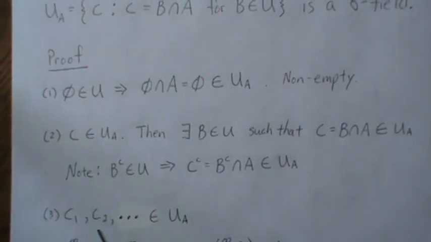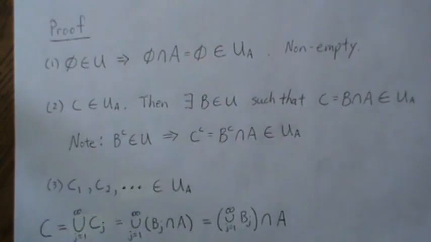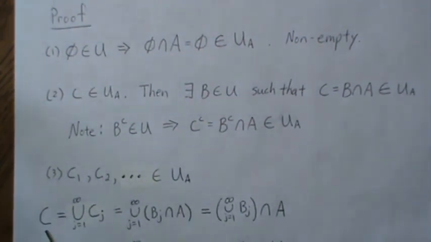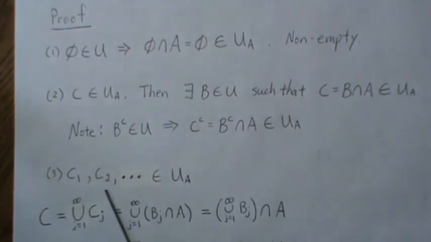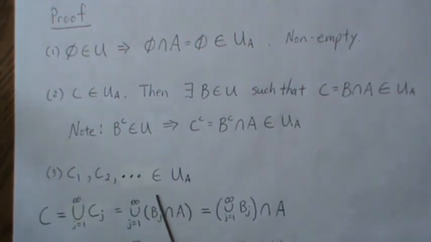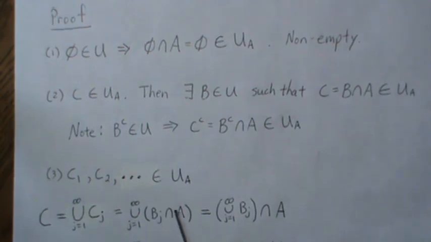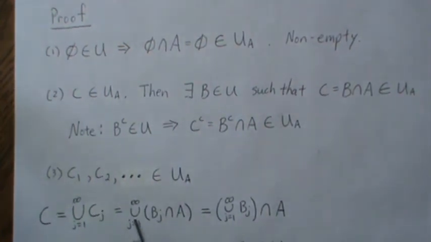So now we have an infinite number of sets in our sigma field, UA. Then we have to show that the union of those is back in UA. So we're going to let C be this infinite union. But the C's are derived from this, where this is an infinite sequence of sets in our original sigma field. So this is equal to that.